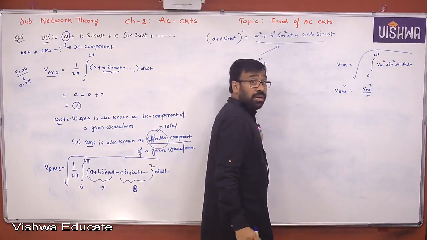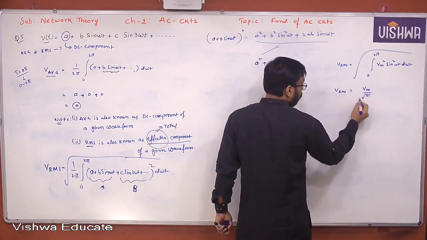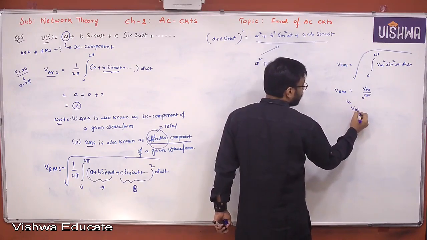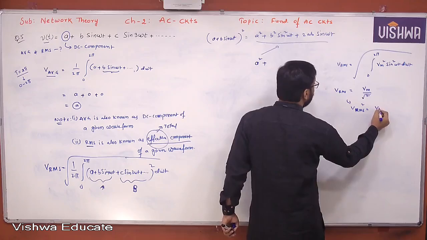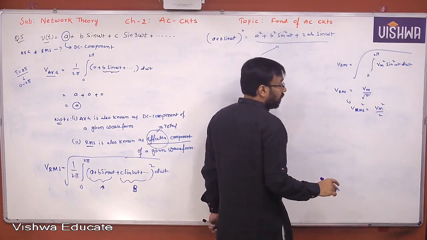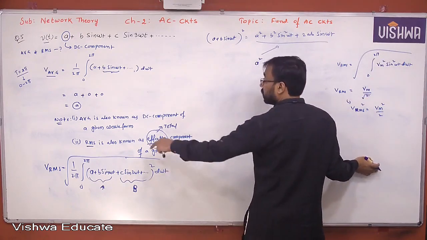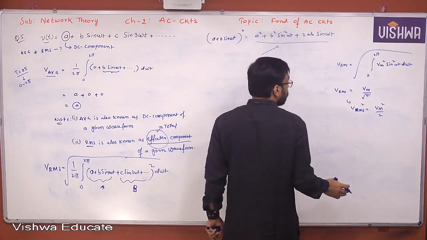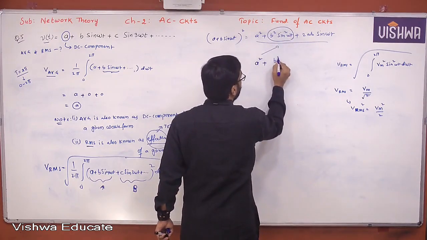Yes or no? You got VRMS is equal to V max by root 2. But finally I can write VRMS square is equal to V max square by 2, because I'm not applying the root in this, as within that only I'm applying here. So if I simplify this part, I'll get B square by 2.